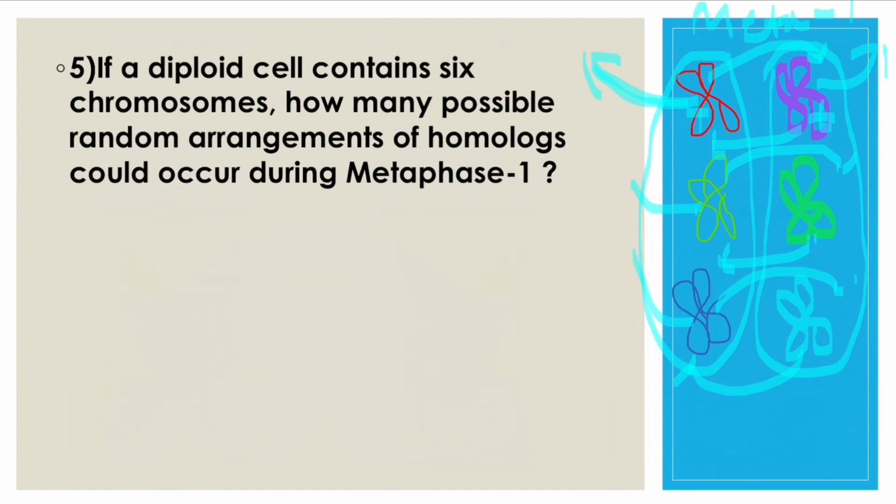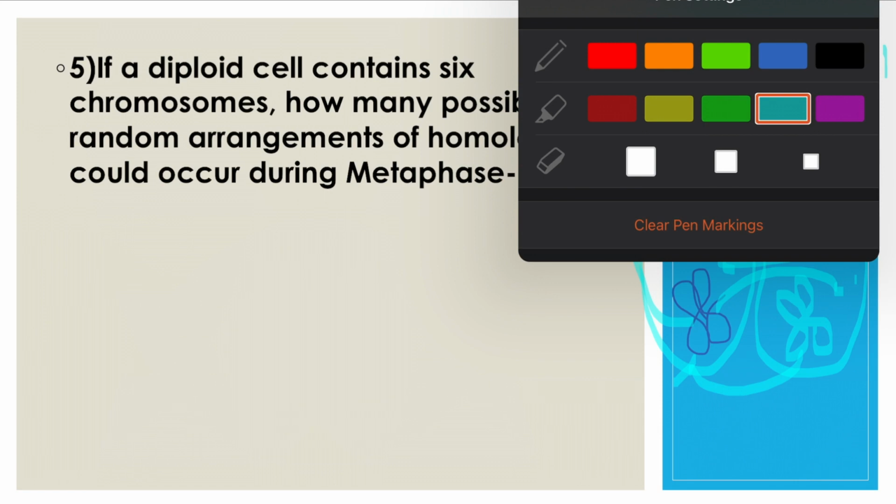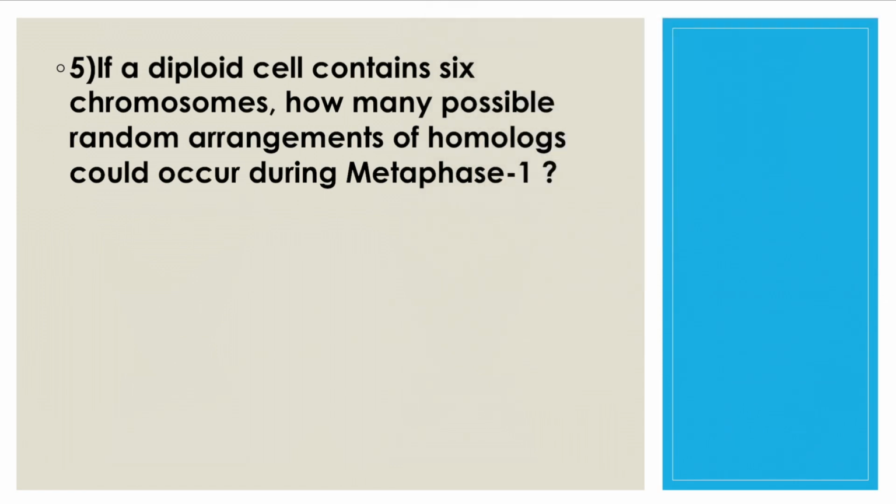It means we have 4 types of arrangement at metaphase 1 of meiosis. 3 pairs of chromosomes can give 4 types of arrangement.